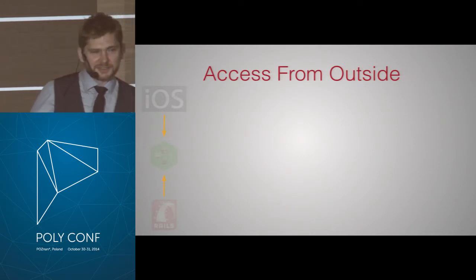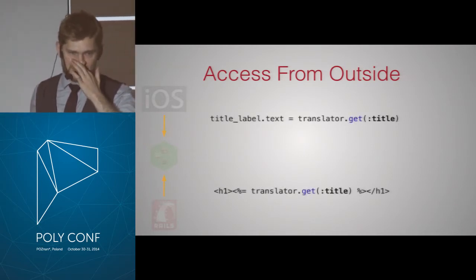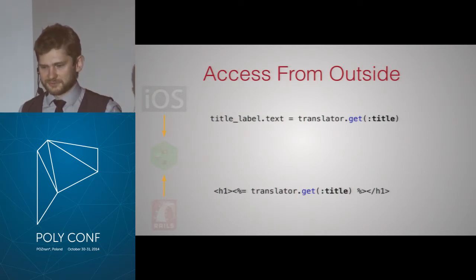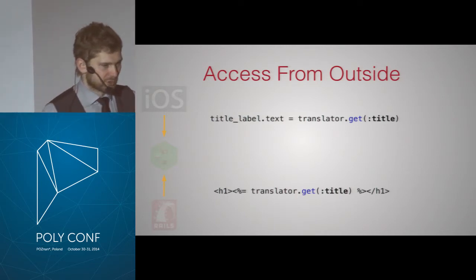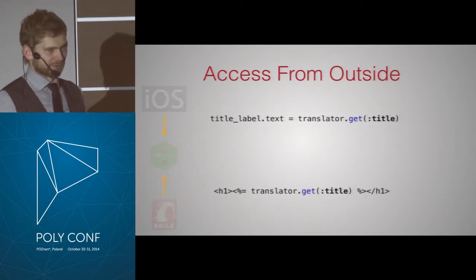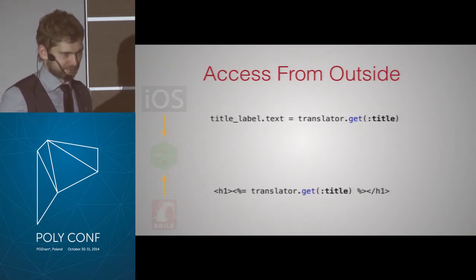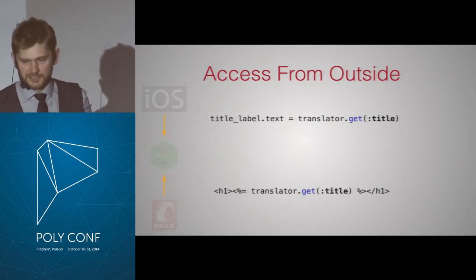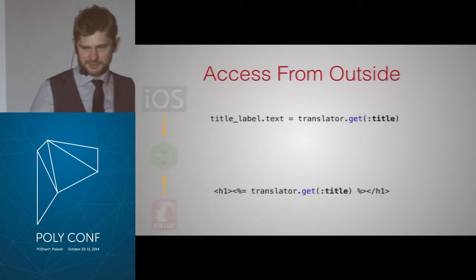The other type of interaction is access from outside. So, for example, your cross-platform code is providing a translator service. You give it a string or a symbol, and you get the translation for it.